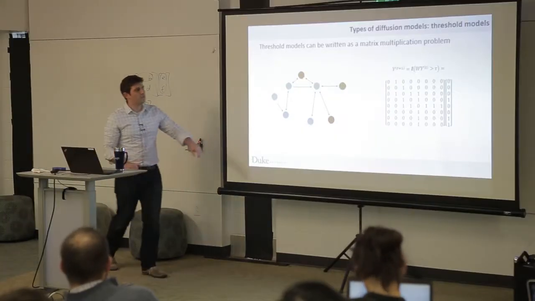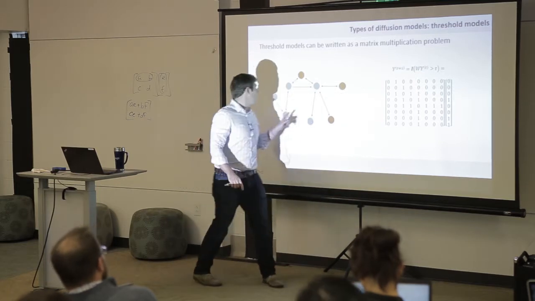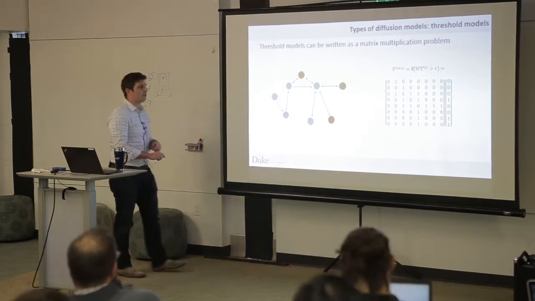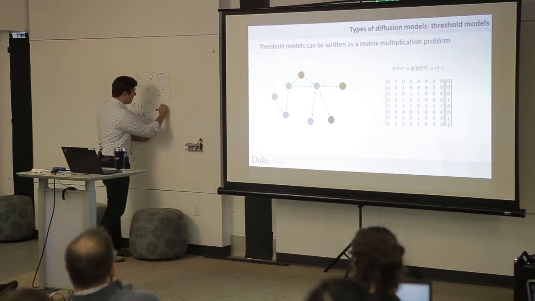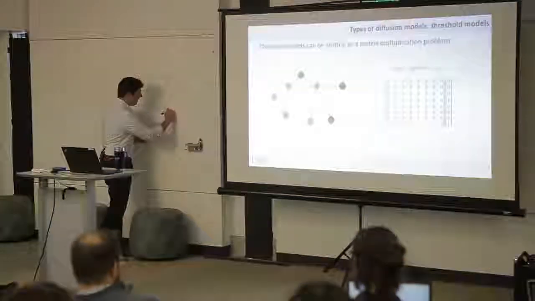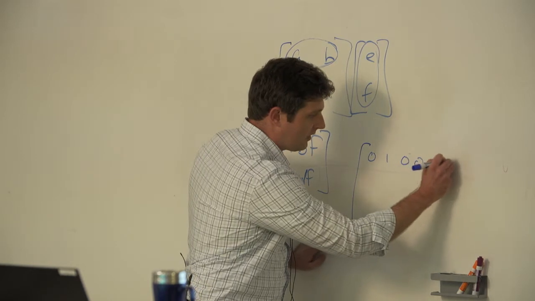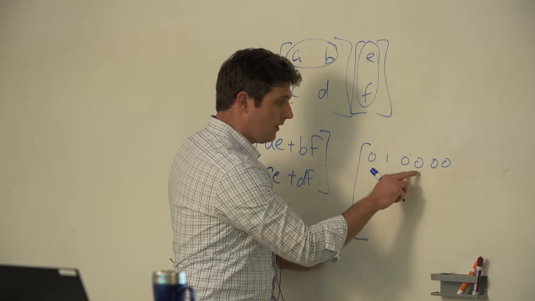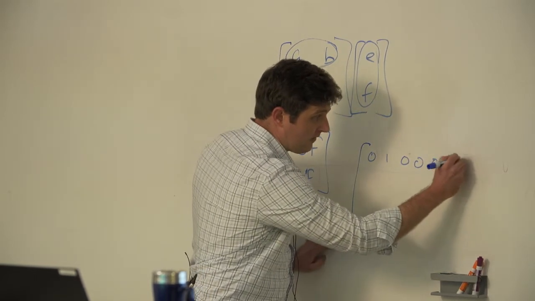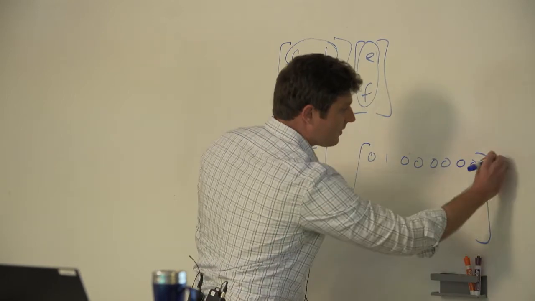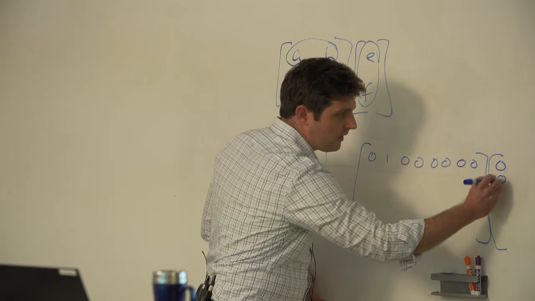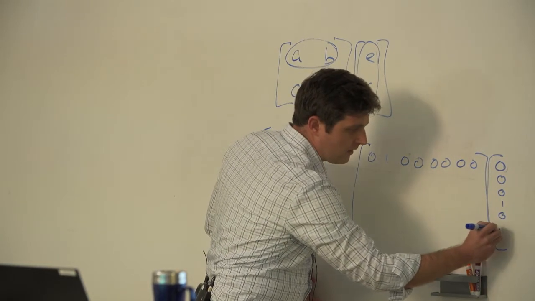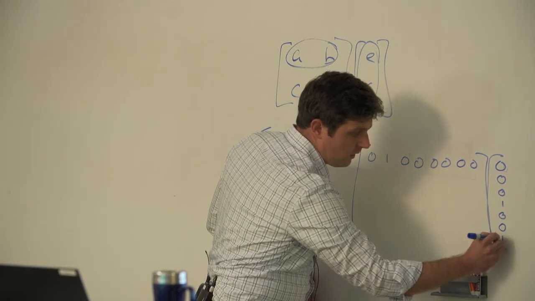So to figure out the threshold for this person, or to actually do this matrix multiplication for this first person, we have the first row, which is 0, 1, 0, 0, 0, 0. How many? 1, 2, 3, 4, 5, 6, 7, 8. Times 0, 0, 0, 1, 0, 0, 1, 1.